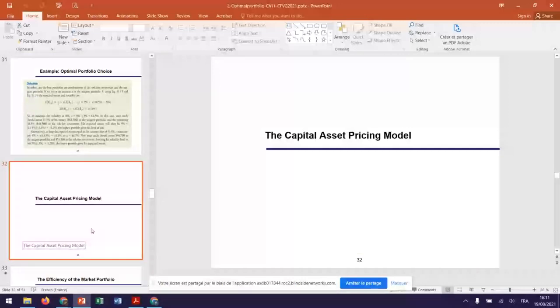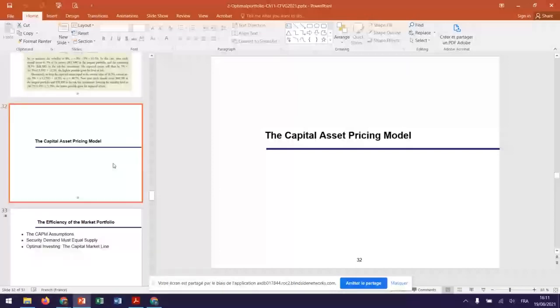Some of them got the Nobel Prize, like Professor Sharpe and others. They worked on something called the capital asset pricing model. In our class, I'm not going to derive it mathematically, but rather introduce what the model is about and how we can apply it in the real world of corporate finance or finance in general.